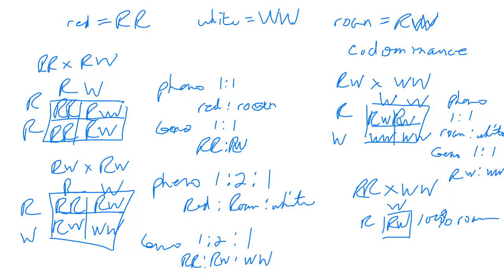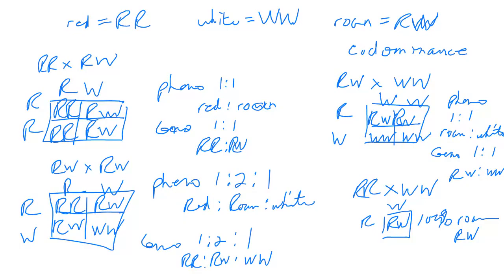And that's the same for the genotypic or phenotypic frequency or ratio. 100% roan, 100% RW. So this is a good problem to illustrate codominance. It shows how the ratios change, right? Because it's a codominant situation, a lot of our ratios are 1 to 1 or 1 to 2 to 1.